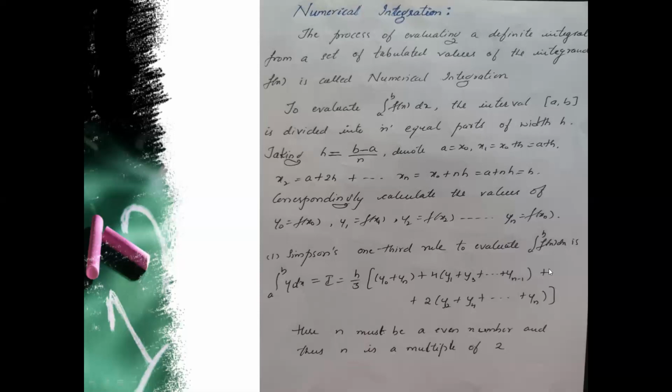And then 2 times y2 plus y4 and so on, the even suffixes. So here n must be an even number, and thus n is a multiple of 2. This is Simpson's one-third rule.